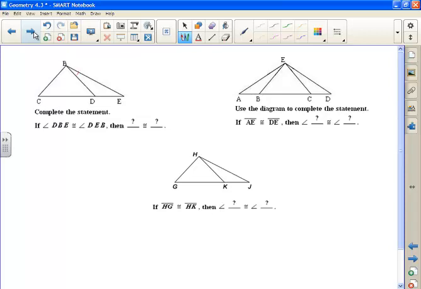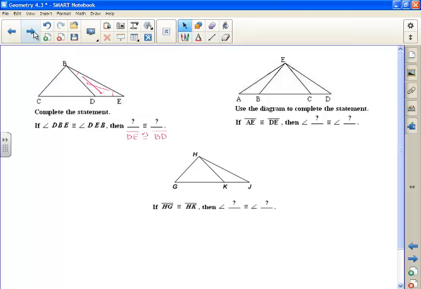And so if I look to the sides opposite them, the side opposite angle BED would be BD, and the side opposite angle EBD would be side DE. Because of the converse of the base angles theorem, I know that those opposite sides have to be congruent. So I can say that segment DE is congruent to segment BD.